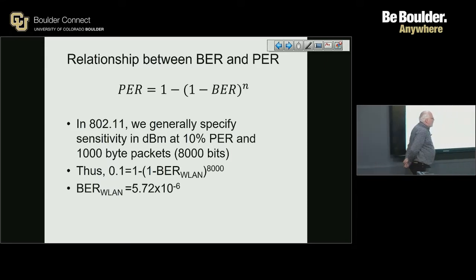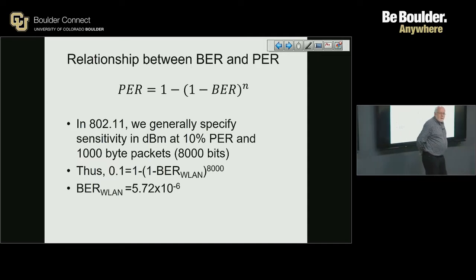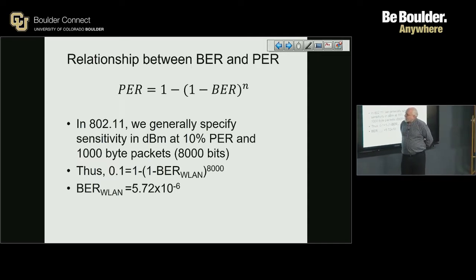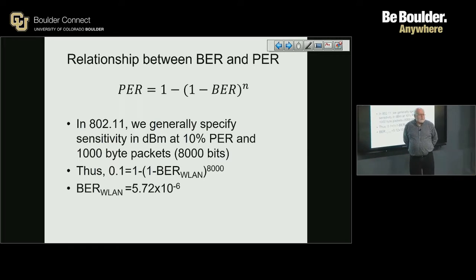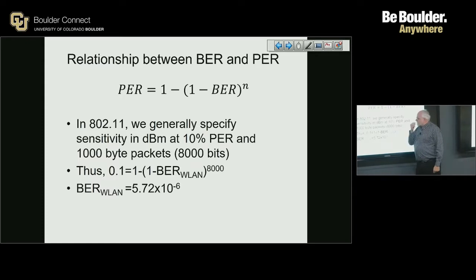So one of the ways we normally measure performance of a wireless LAN system, however, is with packet error rate. If you look at the 802.11 specs, everything is done in terms of packet error rate, but it's packet error rate with a 1,000 byte packet, so 8,000 bits.